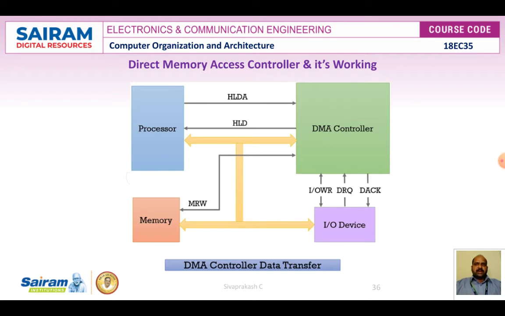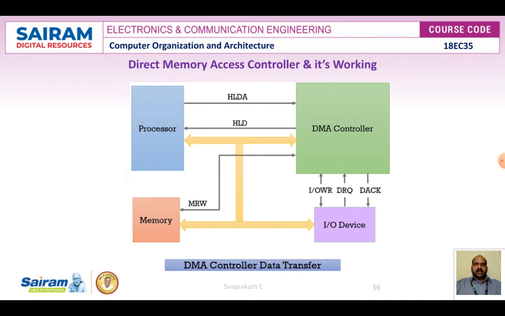After receiving the hold acknowledgement from the processor, the DMA controller acknowledges the IO device through DACK so that the data transfer can be performed. The DMA controller takes charge of the system bus and transfers the data from or to the memory.